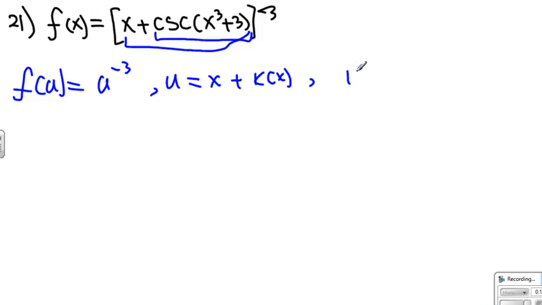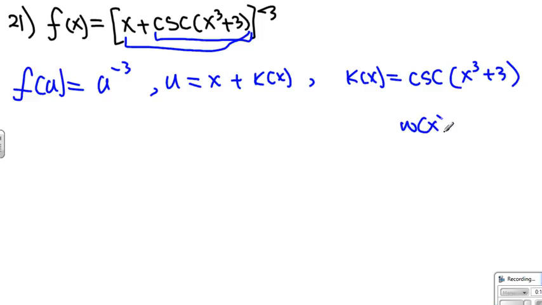Now, what is k of x? K of x becomes simply cosecant of x cubed plus 3, and then I'll say w of x becomes the one inside, x cubed plus 3. Yes, we do have many layers of things happening here.